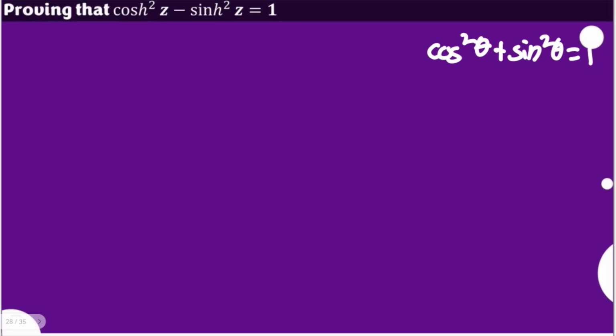Again, it's the sum. Similarly, if we're talking about trigonometric functions for complex numbers, the square of cosine z plus the square of sine z, again just rearranging because addition is commutative, is still equal to 1.